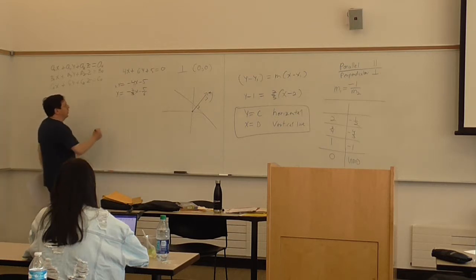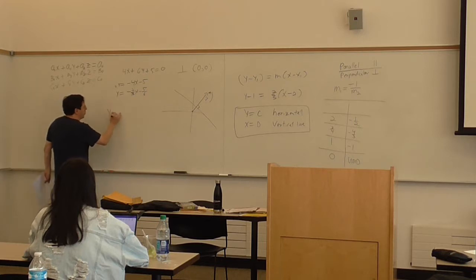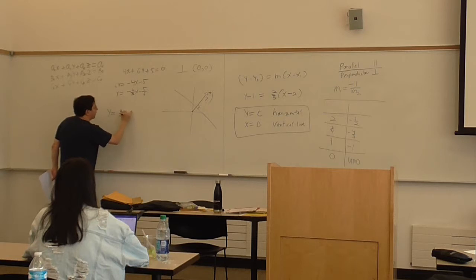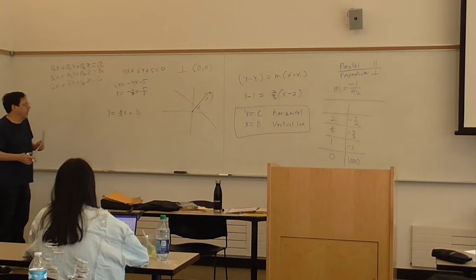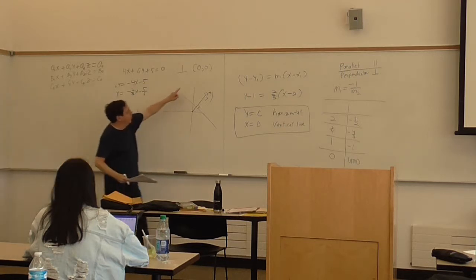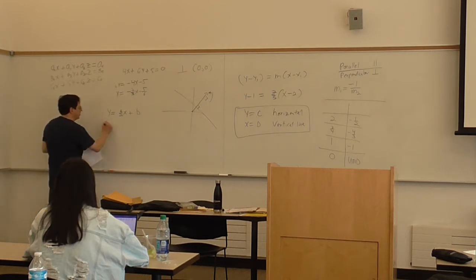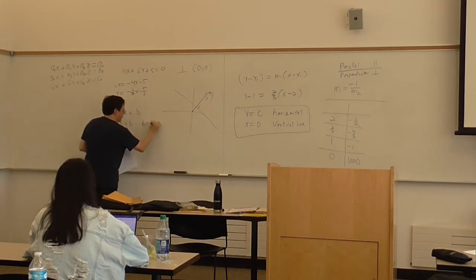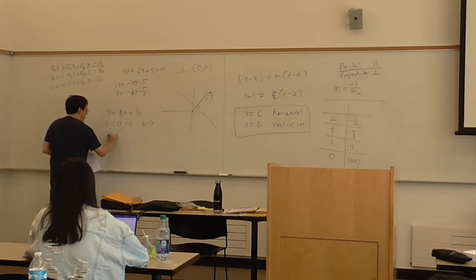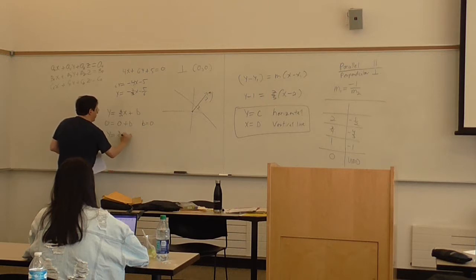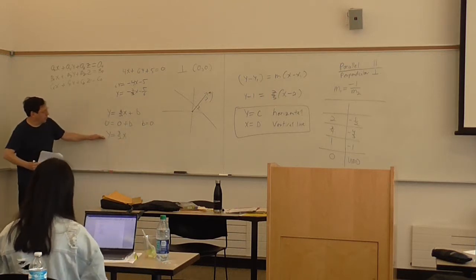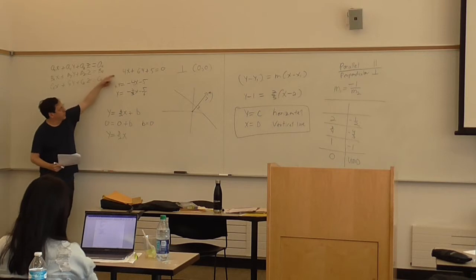So I know the line I'm looking for is y equals the new slope, 3/2 x plus b. But I have a point on this line, 0, 0. So I plug in 0, 0: 0 equals 0 plus b, so b equals 0. So y equals 3/2 x, that's the equation of the line through 0, 0 perpendicular to this line.